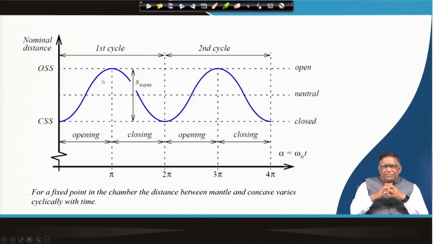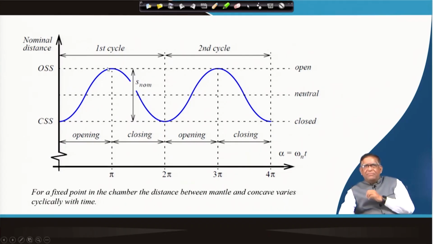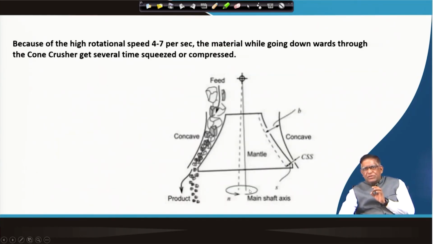Now you can see a little more analytically what is happening. When it is rotating, the material is moving from the bottom side. Once it is closed, after some time it will open. As you see here, when it rotates, it goes 90 degrees, then 180 degrees, 270 degrees and 360 degrees. During this 360 degree operation, the open side will become closed and the closed side will become open.